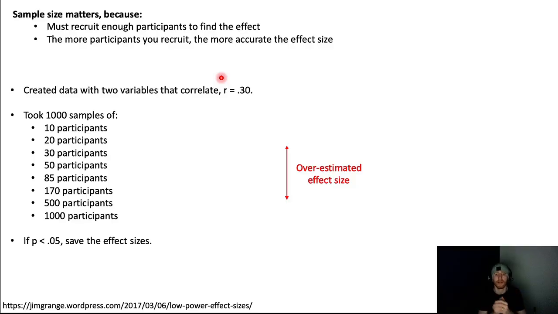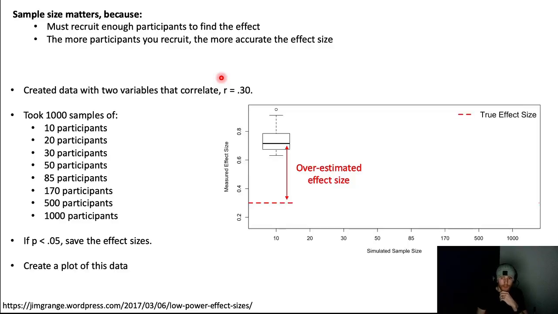Likewise, if you recruit 1,000 and you get a significant effect, you publish it. If you recruit 1,000 and you don't, you don't publish it. So remember, researchers traditionally have only had access to the significant effects, the ones that got published. So when they look at the literature and ask how big is this relationship between these two constructs, they're seeing only the effect sizes that were significant. So what he then did was create a nice plot of the data.